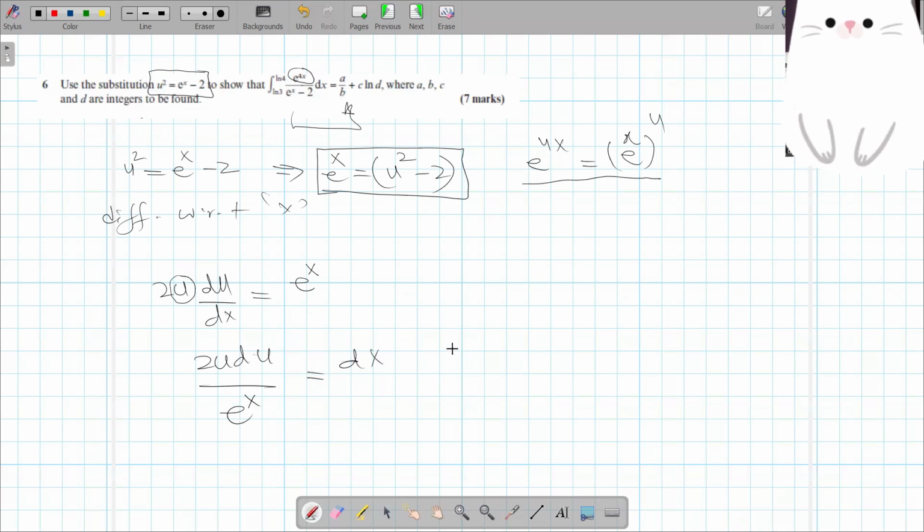And then e to the x can be put as u squared plus 2. But then that doesn't really help me, I don't think.